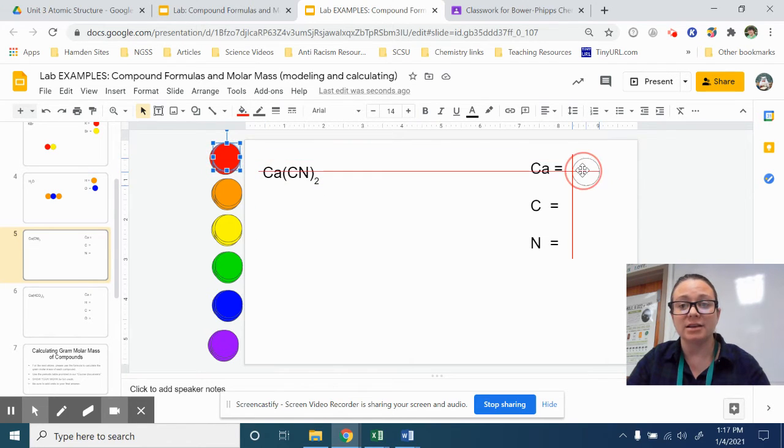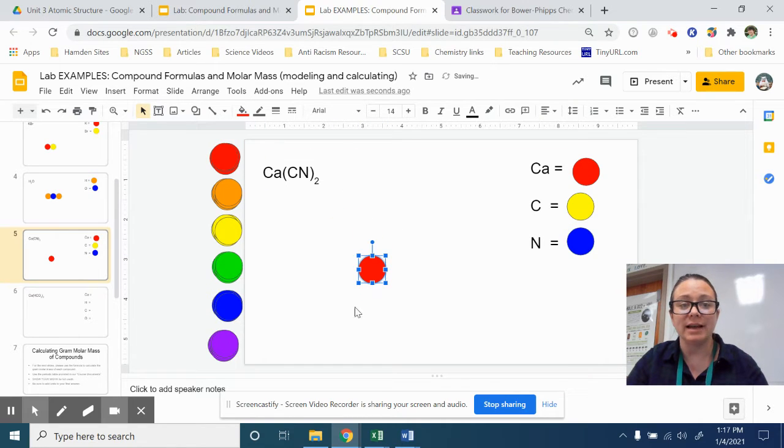So I'm going to have calcium be the red ones. I'm going to have C carbons be yellow, and I'm going to have nitrogen be blue. This formula tells us that there's 1 Ca, and now inside these parentheses there are 2 Cs and 2 Ns. So I need 2 Cs and 2 Ns.